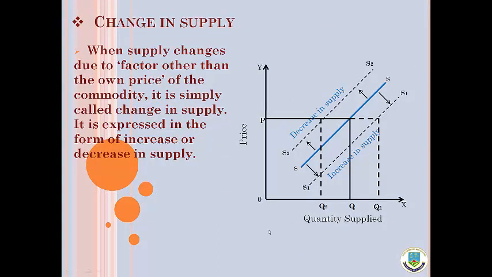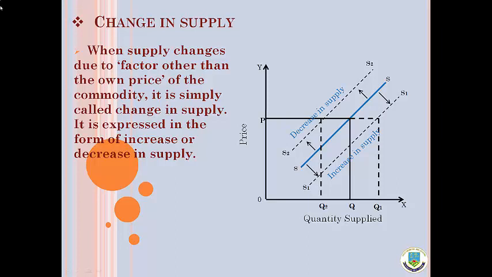Now next, change in supply. When supply changes due to factors other than the own price of the commodity, it is called change in supply. Here, change in supply happens not because of change in price, but because of changes in other factors.